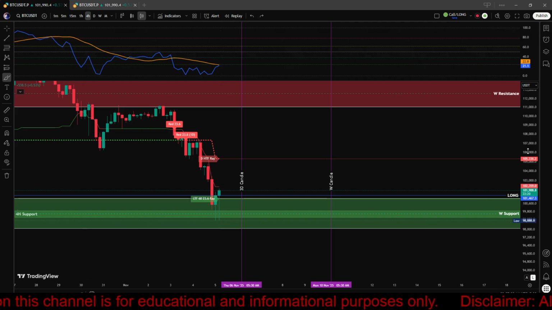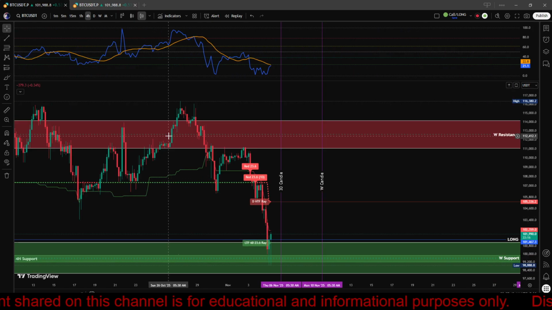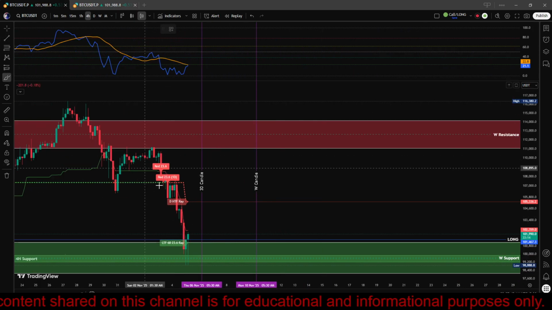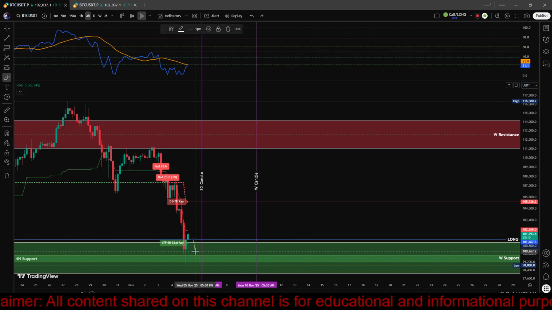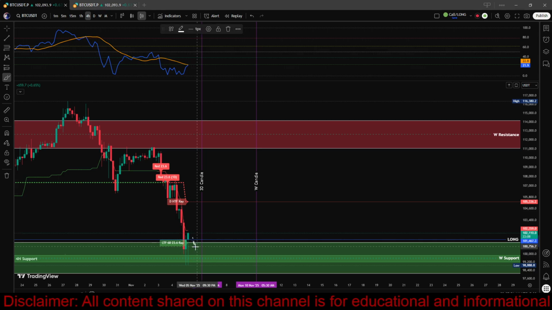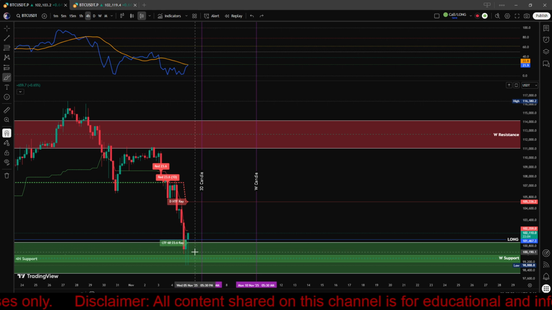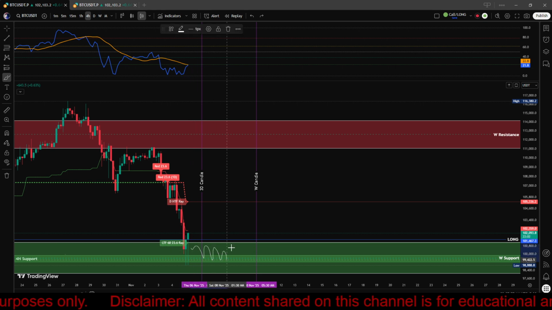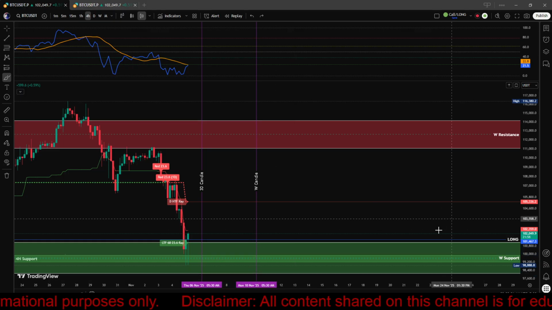So let's talk about this second scenario. Either price will consolidate here inside, if price breaks through this upper level and then trades inside, then we will have some sort of consolidation. That could happen. That's the second scenario.